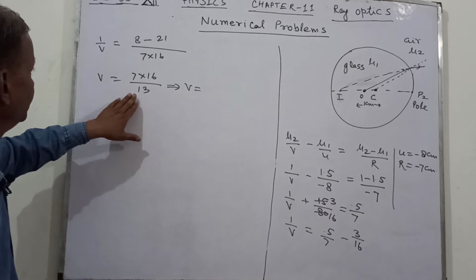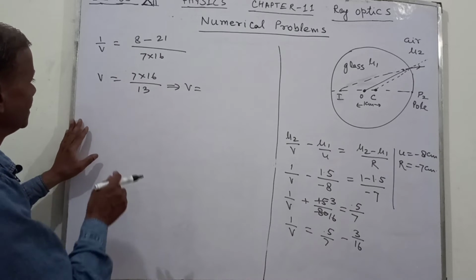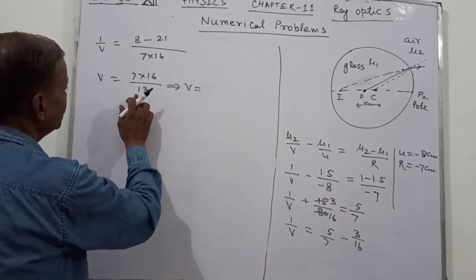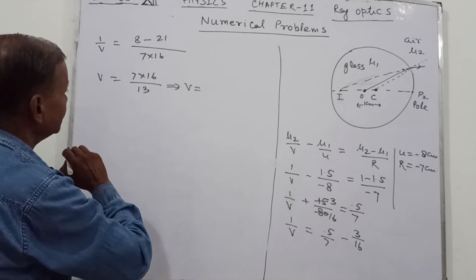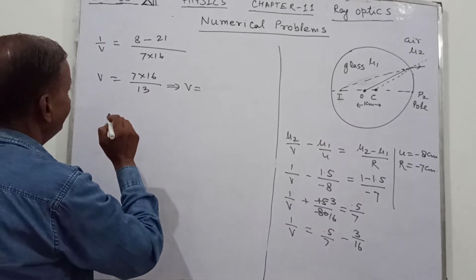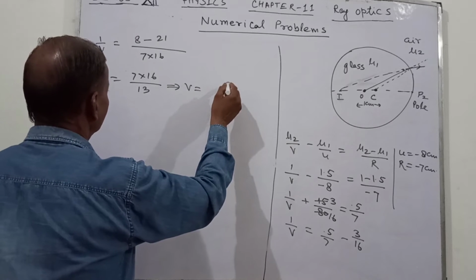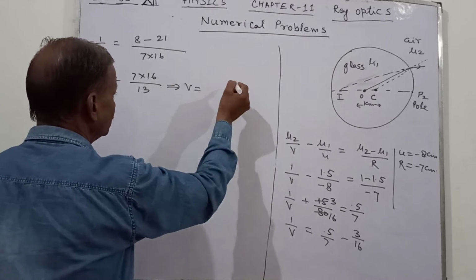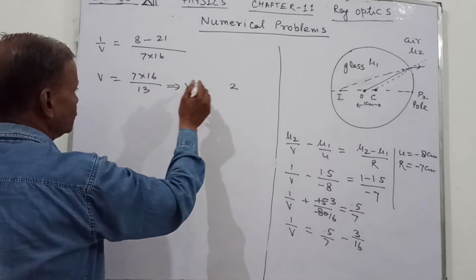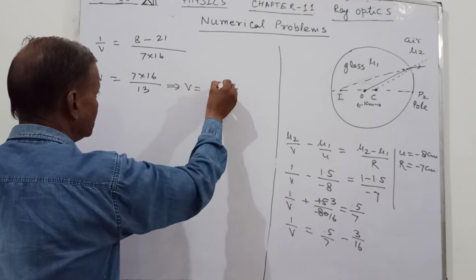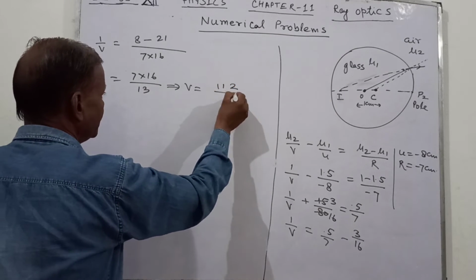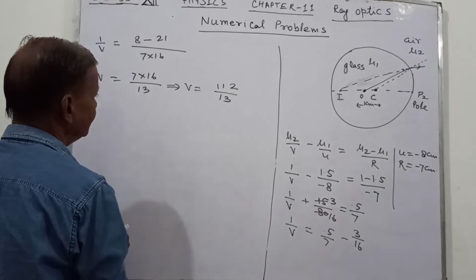This is now 7 into 16 upon 13. So this is now 42 and 4, 11 upon 13.